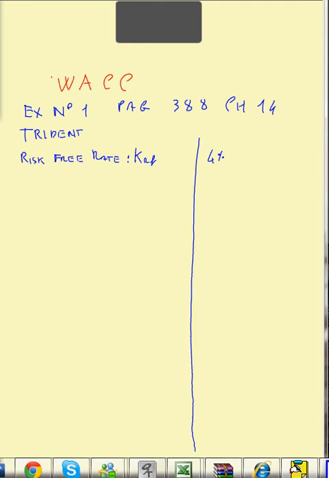Then we have the cost of debt, before tax, we denote by KD, cost of debt. This is 7%. Beta is equal to 1.3.